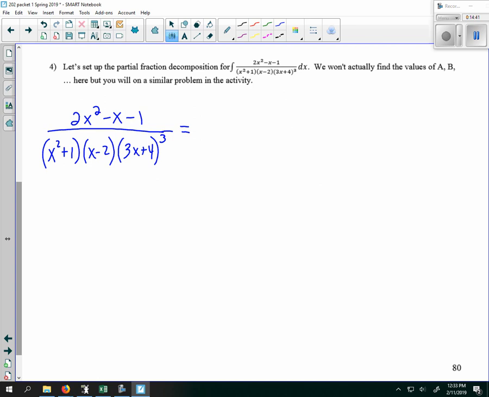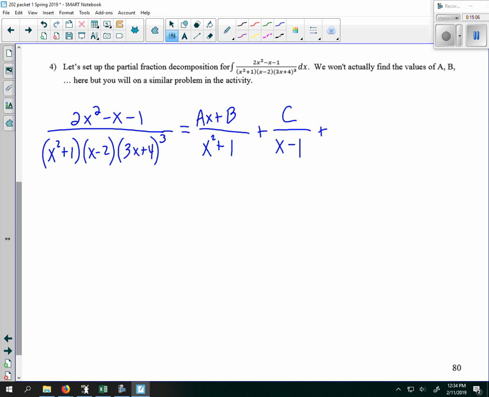So for each factor, I'm going to have a fraction in my decomposition. So for my irreducible quadratic, x squared plus 1, I have to put a linear term on top, so ax plus b. For my unique linear factor, I just have a constant on top, c.